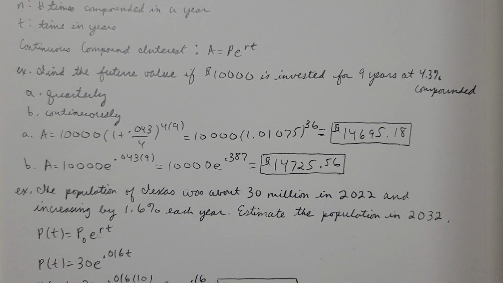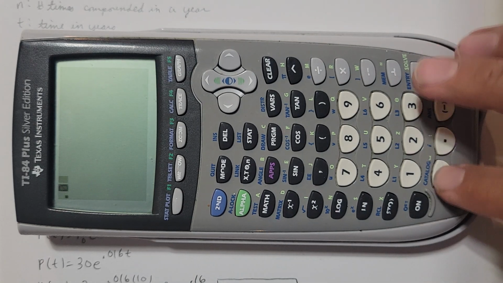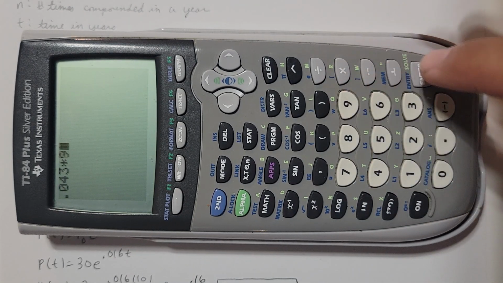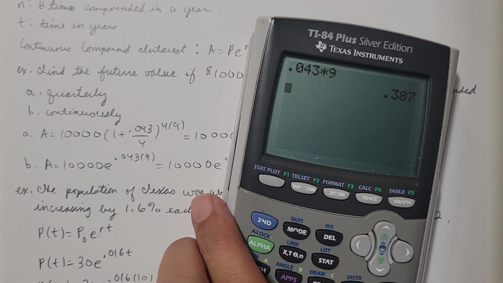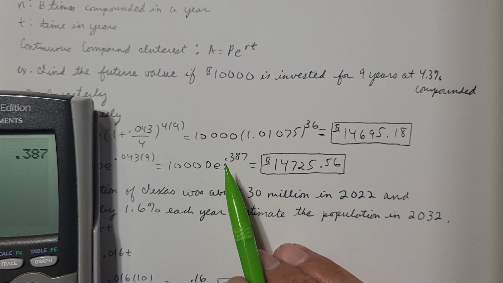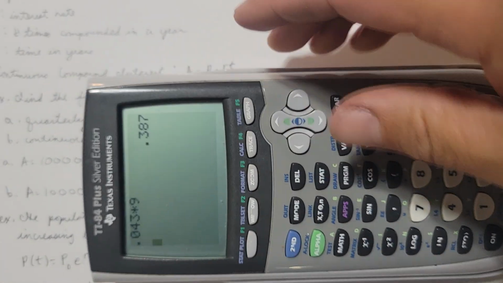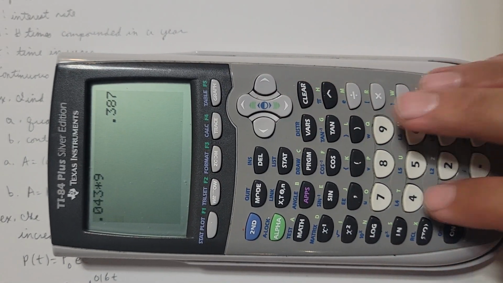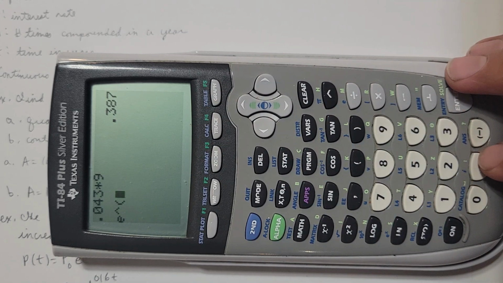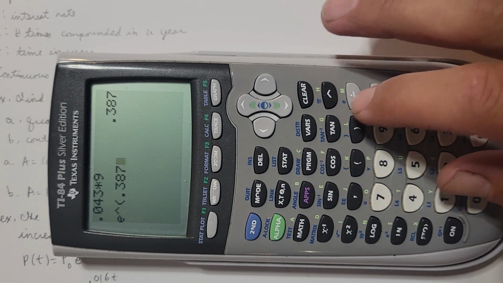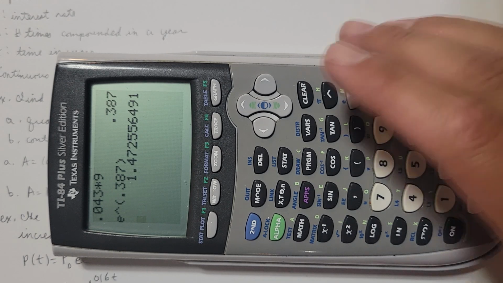How I would type this in is I should do 0.043 times 9 first, and you get 0.387. Then the next thing I would do is type in e to the power 0.387, and hit enter. And that's the number that I got there.